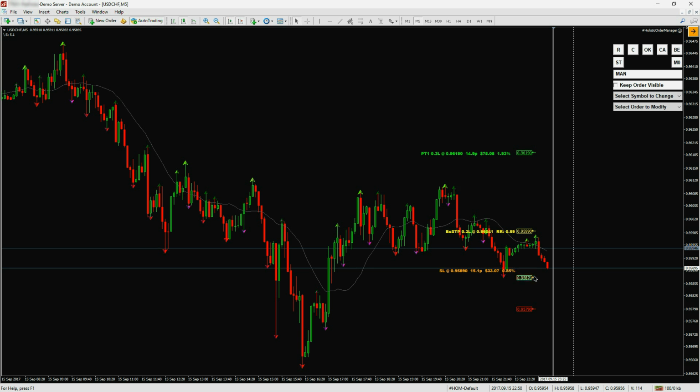Let's see if I move it further down and increase the risk. Then you notice that the lot size didn't change. My risk has increased. Similarly, my number of pips has increased, but the risk has decreased.